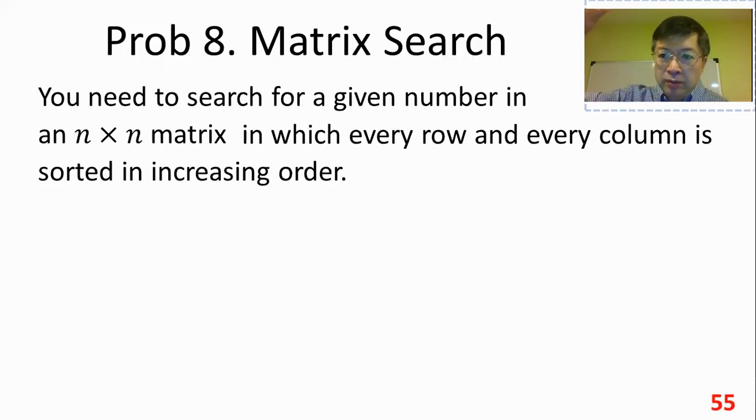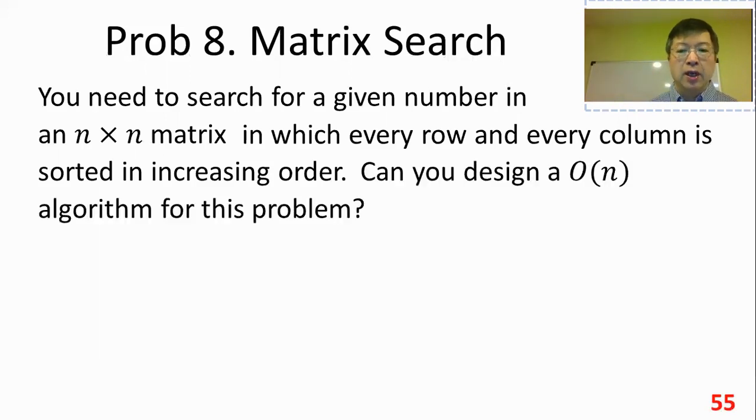From top to bottom, the entries in each column are increasing. Can we design a big O of n algorithm for this problem? You know, linear. We need to find a linear algorithm to solve this problem.